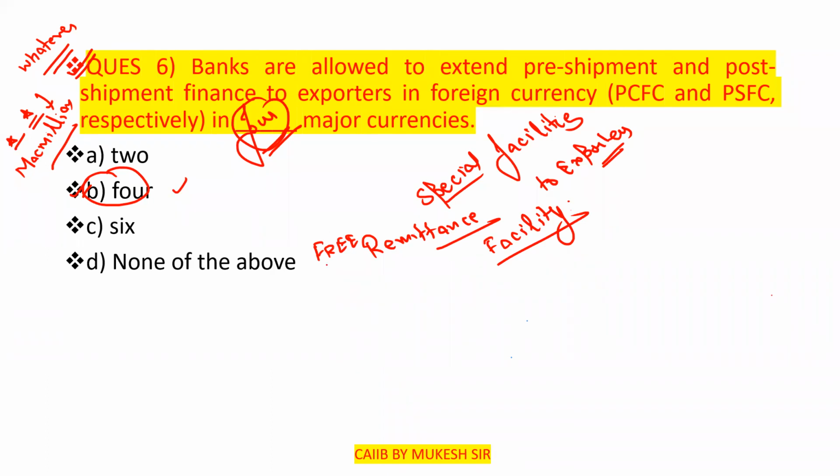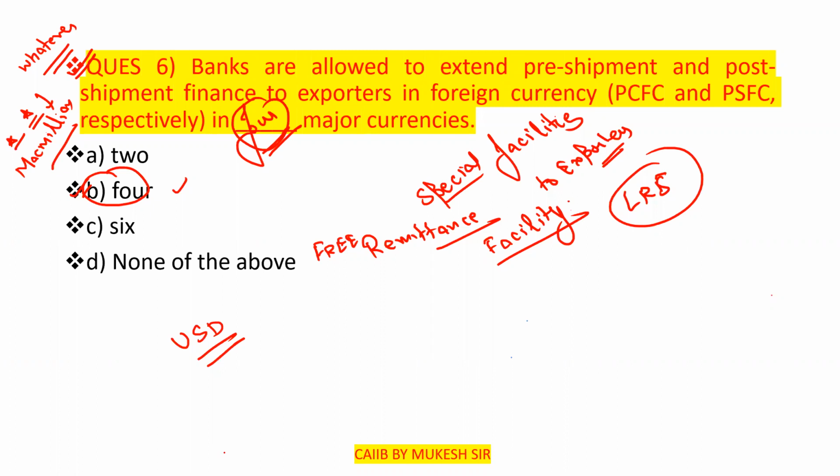So what is the free remittance facility? In a financial year under the RBI Liberalized Remittance Scheme, clear, under the LRS scheme. Up to how much USD can you remit without RBI approval? What is that limit?